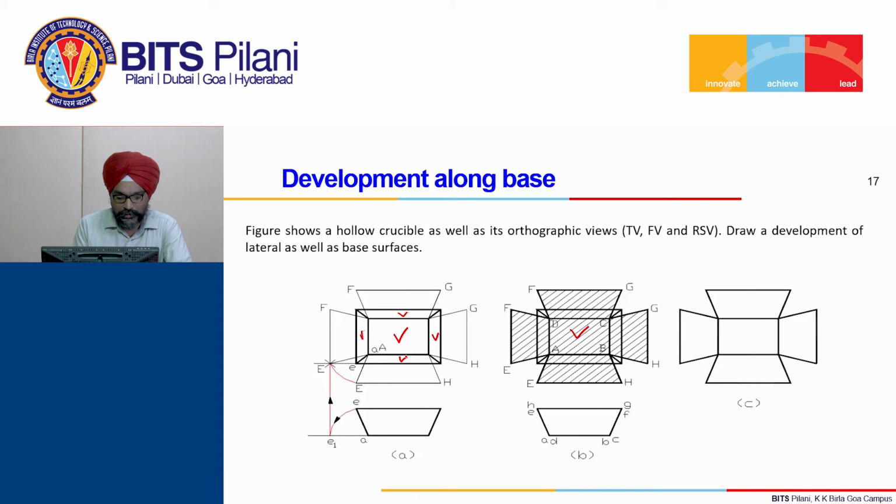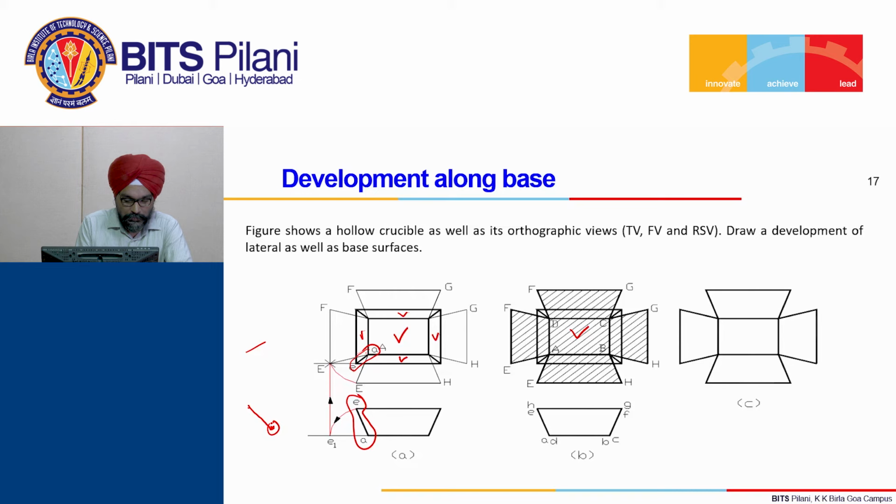We just obtain the true length here. You note that we have EA, that is the apparent length. Even in the front view the EA is an apparent length. So, basically you have this line and this line shown here. How can you bring its true length?